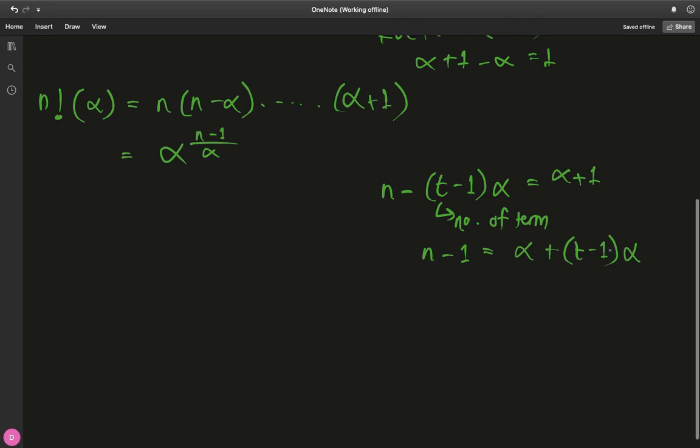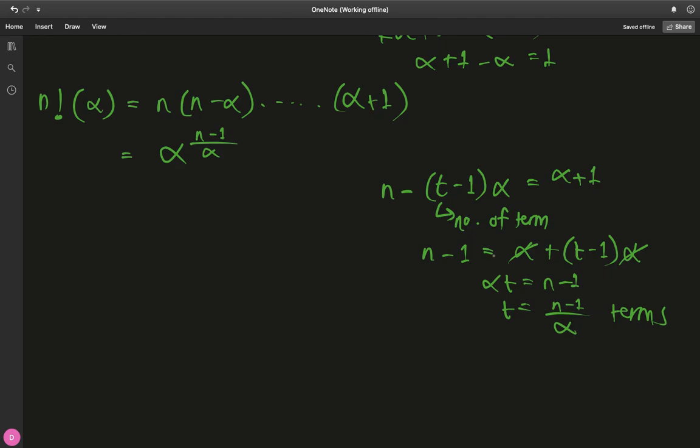So this plus alpha and this minus alpha are going to cancel out nicely. And we just have an alpha t. Alpha t is equal to n minus 1, making t the subject of the equation with n minus 1 divided by alpha. So there are n minus 1 divided by alpha terms in this multiple factorial that we've represented.